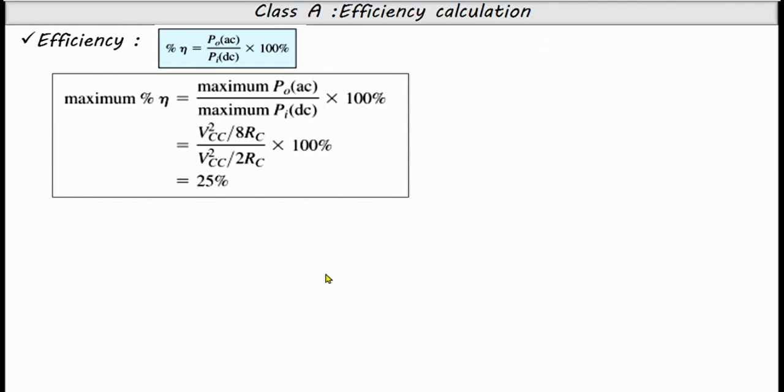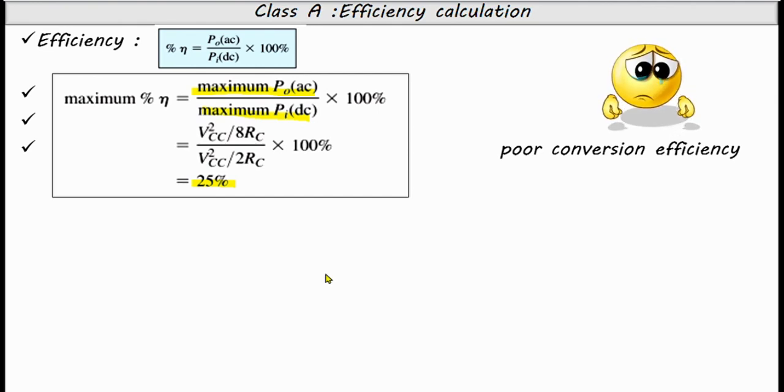The maximum efficiency will be the maximum output AC power upon the maximum input DC power, and this ratio is about 25%. But this is the main problem of the class A amplifier: it has a poor conversion efficiency.